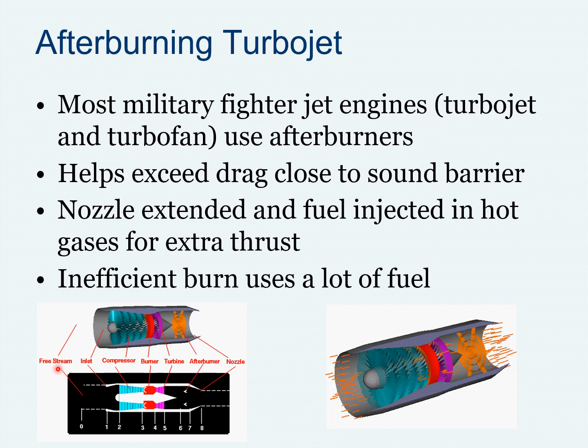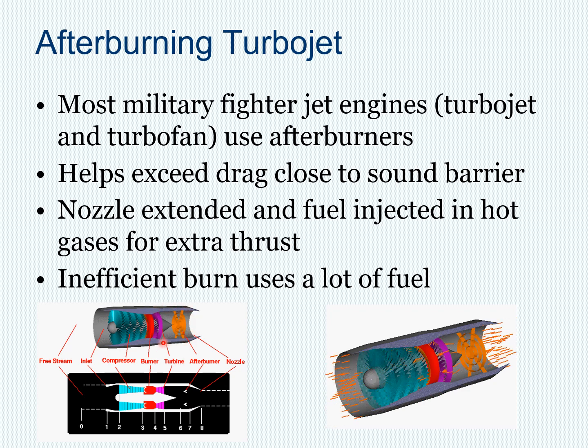If you see here, we have inlet, compressor, combustion chamber and turbine. Here the normal engine operation will happen. After that we have the afterburner. What we do here is inject fuel again. With the already burned gas, we inject fuel and burn it again.